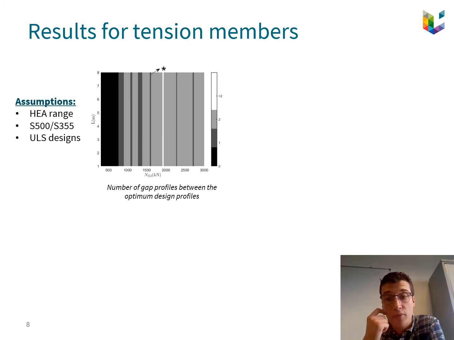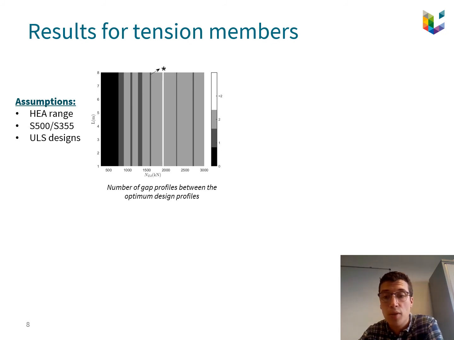The number of gap profile can be defined as the number of profile which separates two optimum design profile. As an example, if we get the HEA 140 for the regular steel and the HEA 120 for the high-strength steel, there is one gap profile.